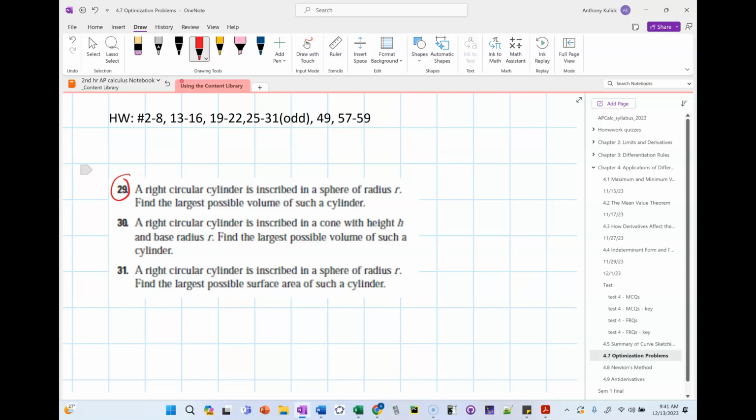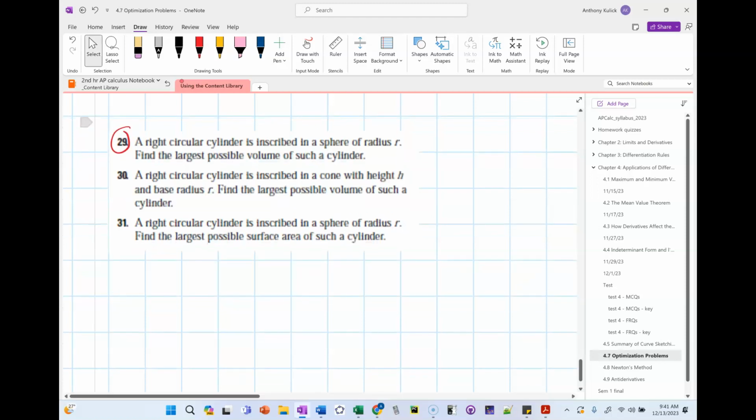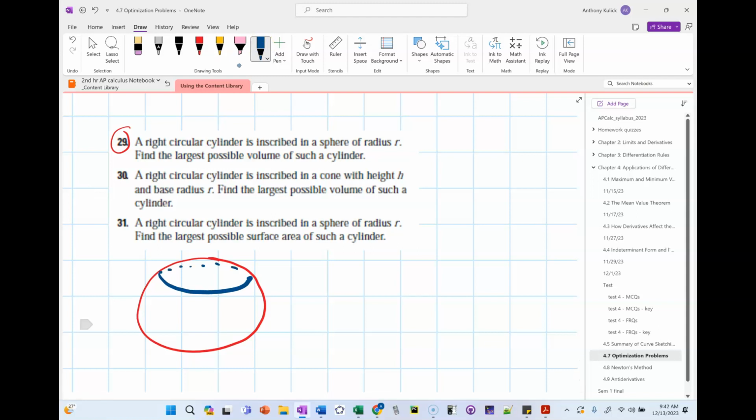Inscribed means the cylinder is touching the sphere. So if we have some sphere, then our cylinder is doing one of those kinds of things, right?